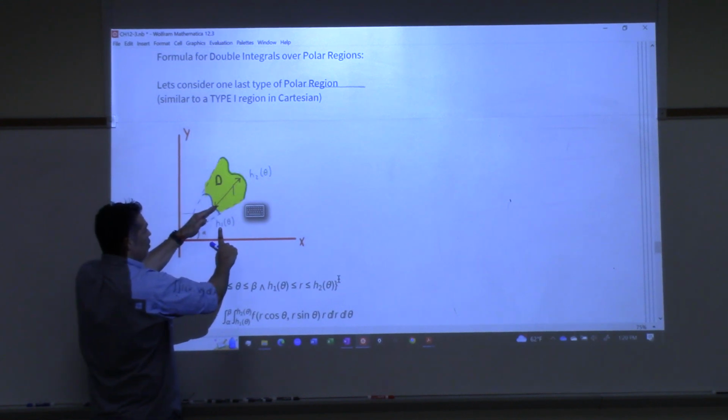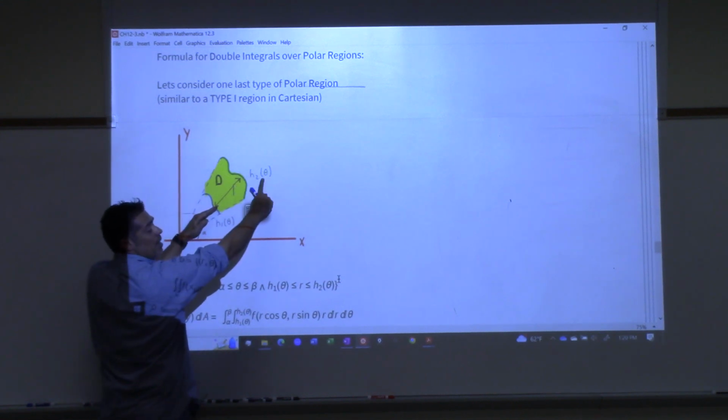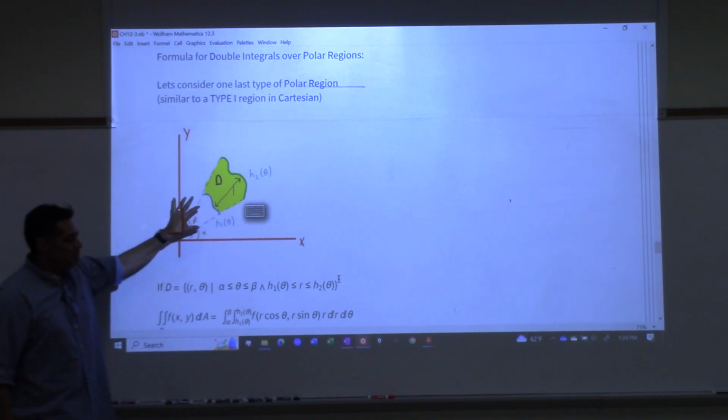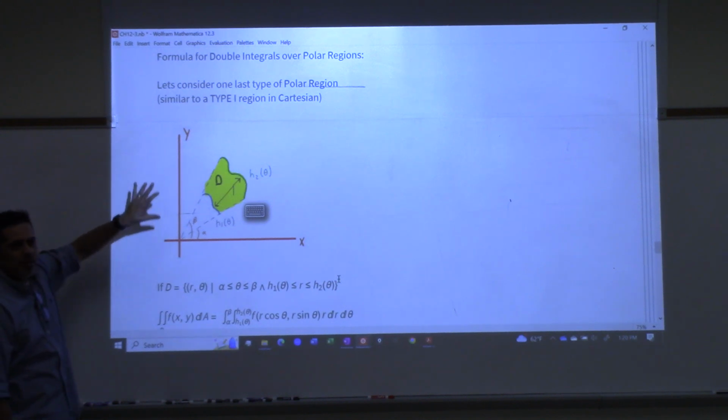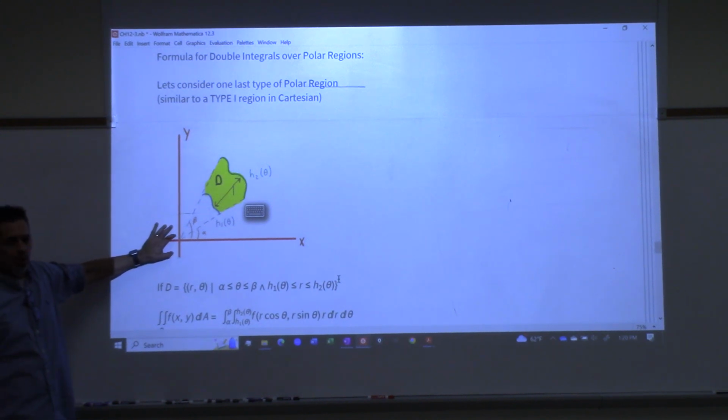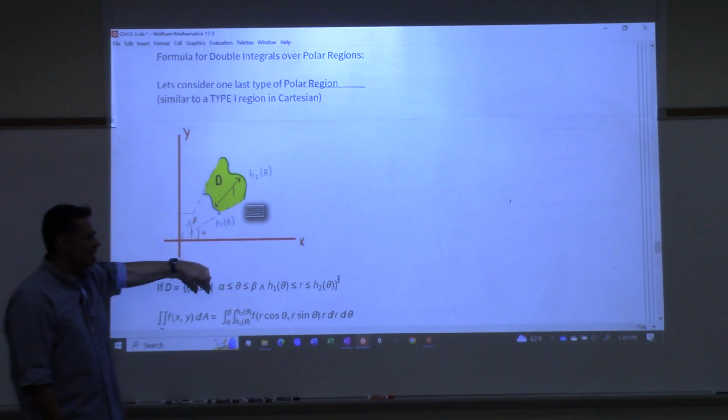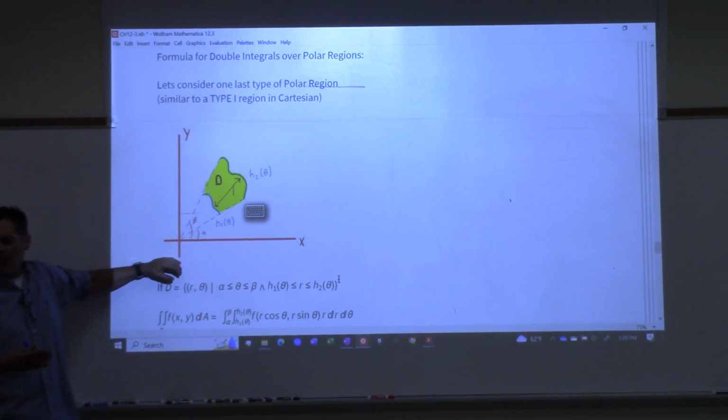And then if you want to know how far to go out here, that's some other function h2 of theta. And this would be like a similar type 1 Cartesian, but this is like a type 1 in polar. We are only going to look at this case with polar. We're not going to do it the other way around. We're not going to fix the radius between two constants and vary the angle, right? We're only going to do this scenario.